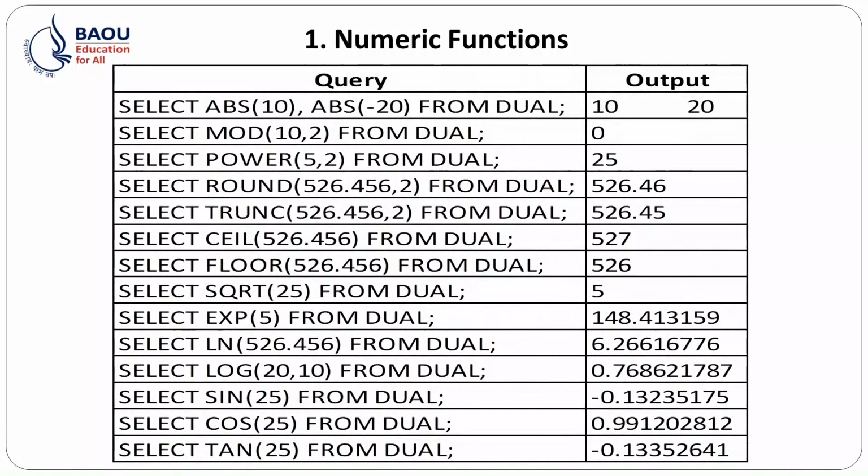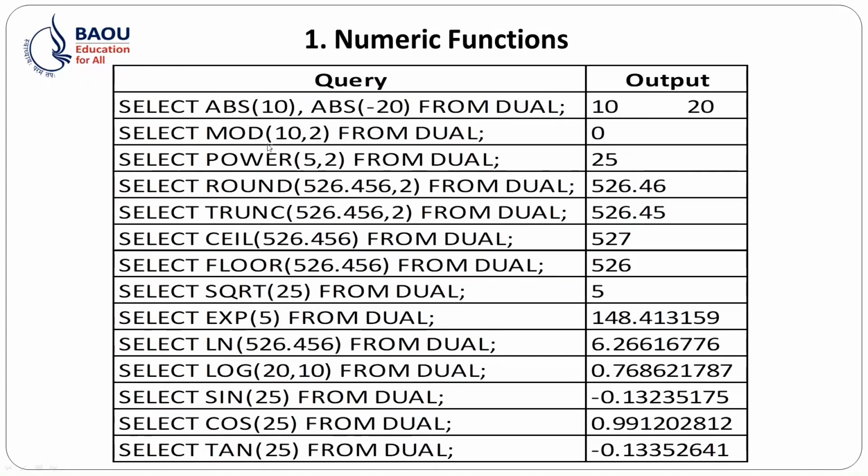See, here: select ABS in brackets 10 and then minus 20. The absolute value is used to give the number without sign. So the number 10 is written as 10 and minus 20 is written as 20, the number without sign.